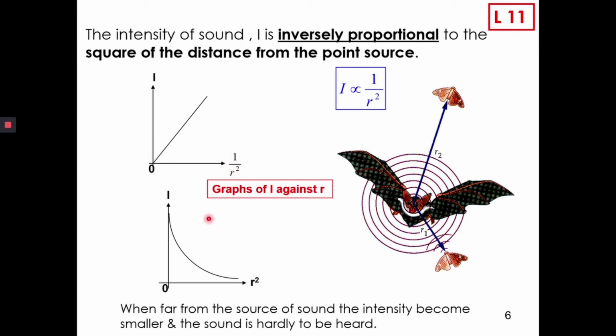If you sketch directly the graph of intensity against r squared, this graph also represents that intensity is inversely proportional to r squared. As a conclusion, when far from the source of sound, the intensity becomes smaller and the sound is hard to hear.